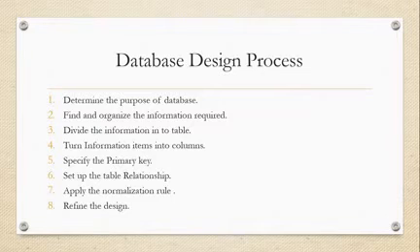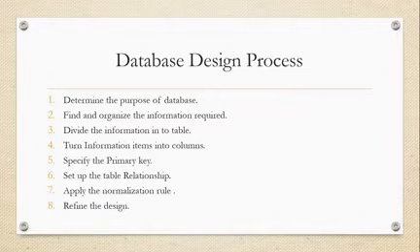Finding and storing information is not enough. We need to organize that information, because according to that information we need to create some tables. For example, I want to create a database design for a college. We need to identify some attributes and some tables. The first level is the conceptual level, which we'll discuss.